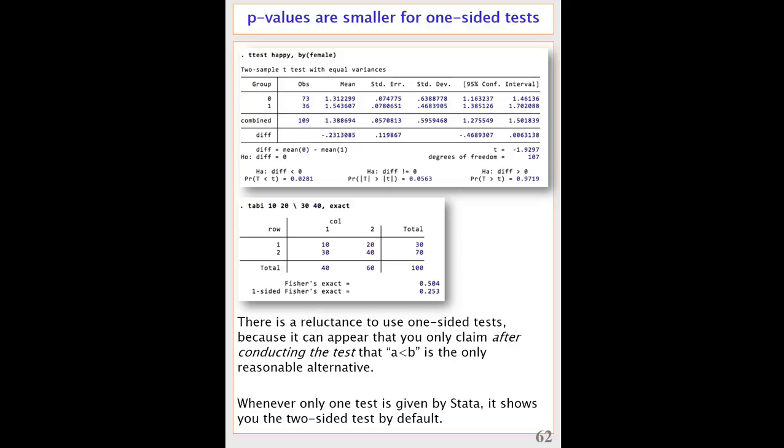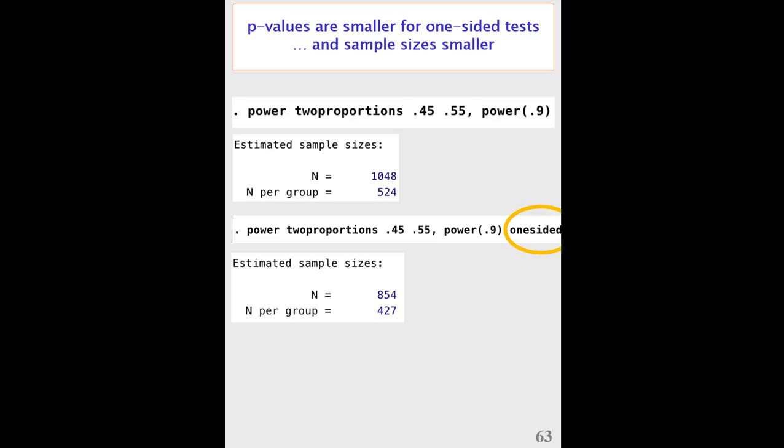That would in principle help you, but whenever Stata gives it, by default it will be two-sided, and the suggestion is to stick to two-sided. You can ask for a one-sided test if you really insist, and then one-sided will deliver a smaller sample size. So one-sided is, let's say, good for you, and because it's by definition good for you, we typically don't do it, and we stick to two-sided.